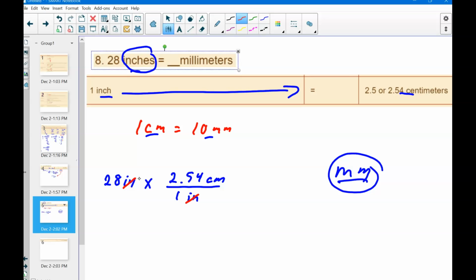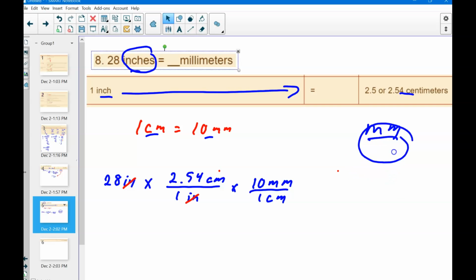So now the next one, I'm moving right along. I'm going to want centimeters to cancel. So I'm going to set up my next connection so that centimeters are on the bottom. And you'll notice that way the centimeters will cancel.